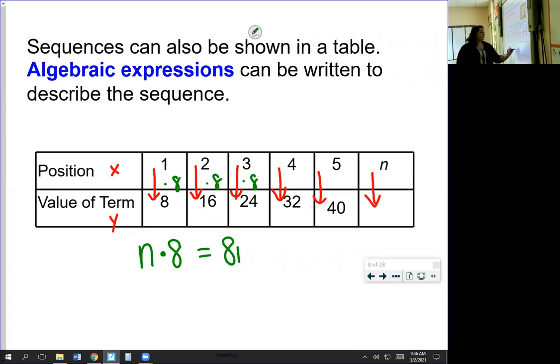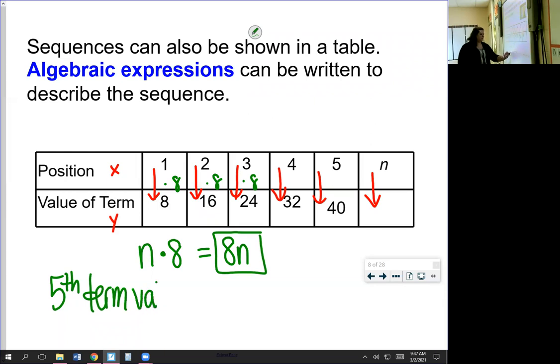So in this case, what is the algebraic expression? It's an expression because there is no equal sign, because I'm not equaling it to anything. Whatever position I'm in, I have to multiply by 8. So if I ask you, what is the 5th term value?